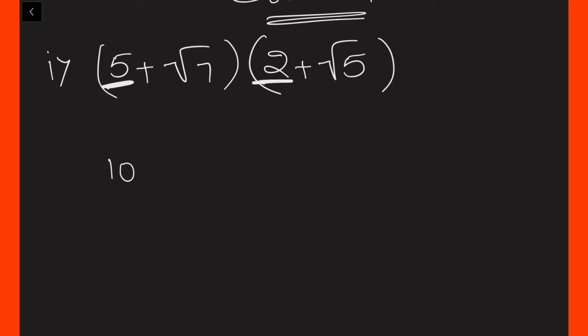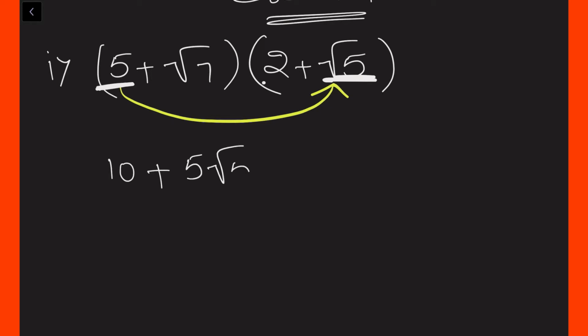Now the first number you need to multiply with the second number. Plus into plus. First number is 5, second number is √5. 5 into √5 is 5√5. Now first number with second number is completed.